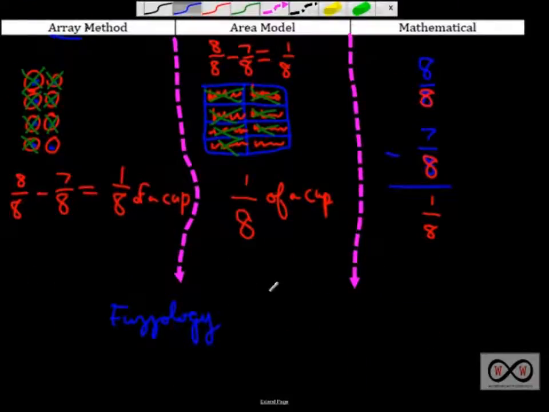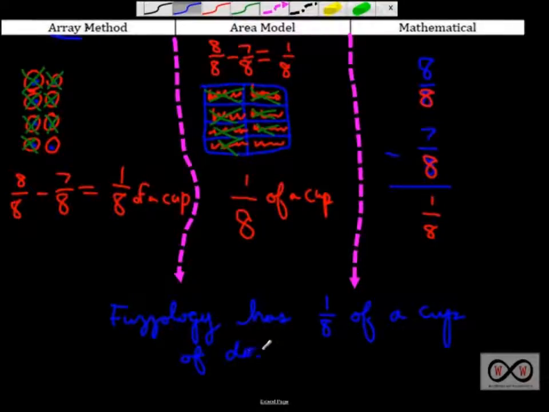Let's complete our math job. Fuzzology has 1/8 of a cup of dog food in his bowl.